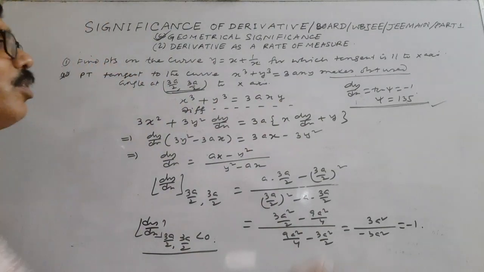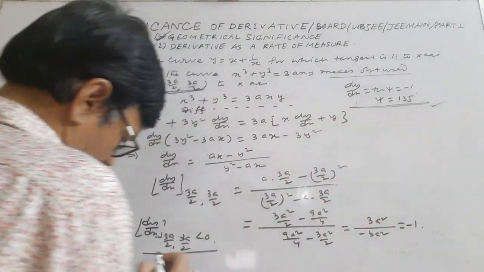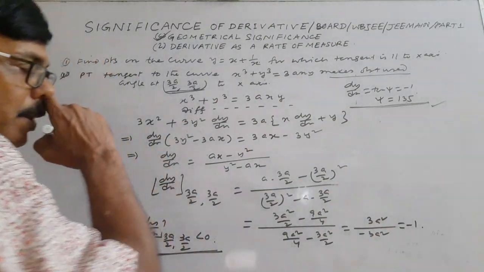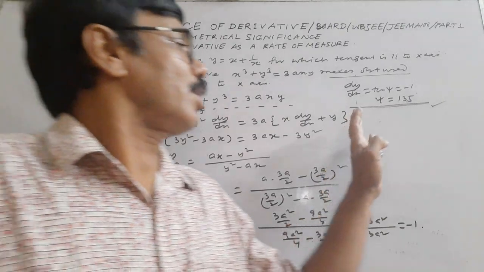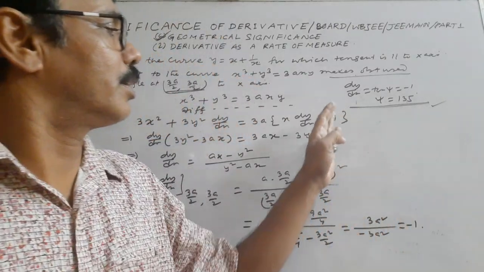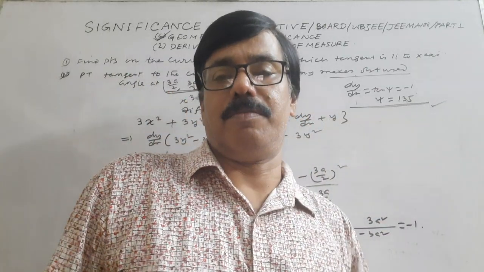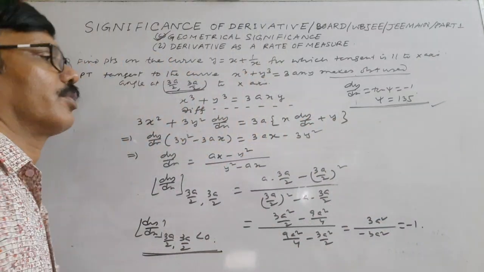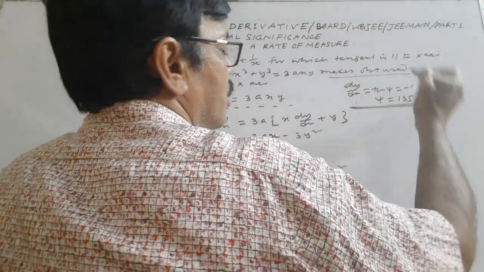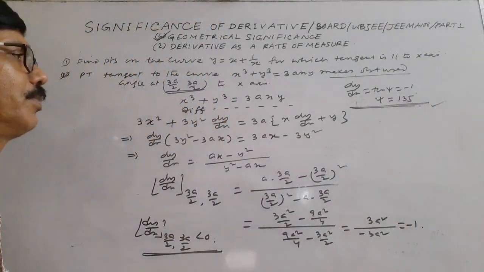If it is only asked whether the angle is obtuse, you can conclude from here. But if you have to find the angle made by the tangent, it is 135 degrees.